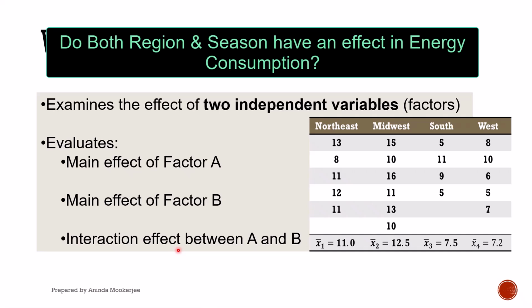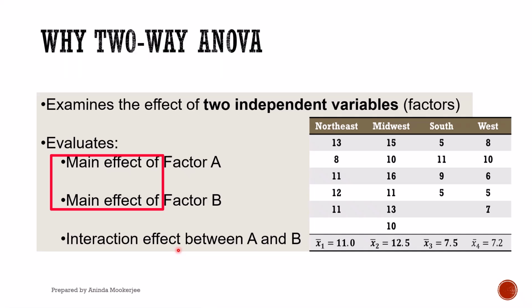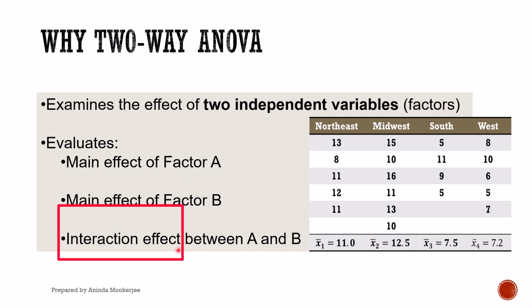All right. So in other words, we have the main effects where we study the effect of a single factor on the response variable, and the other one is called the interaction effect, where we want to know whether the impact of the first factor also depends on the second factor. Does the impact of region also depend on the season, for example, in determining the energy consumption, right?